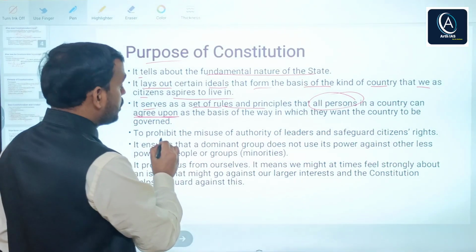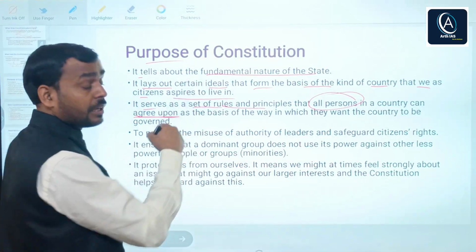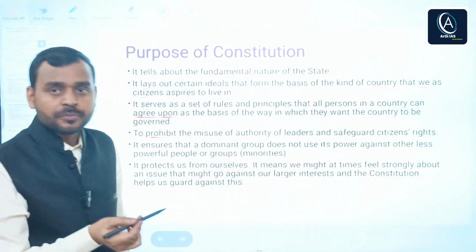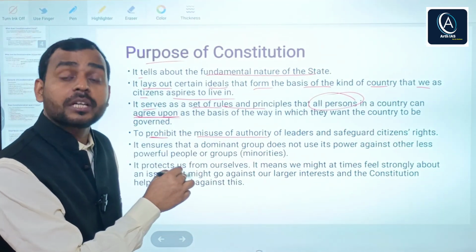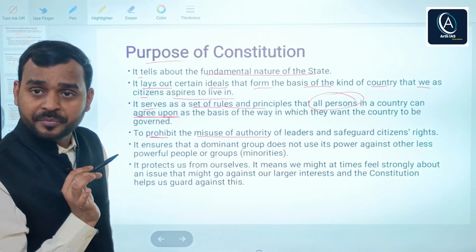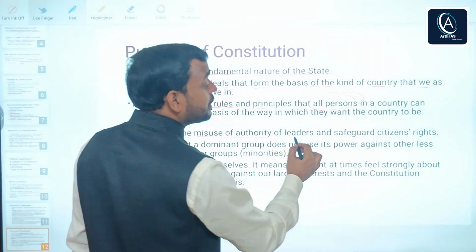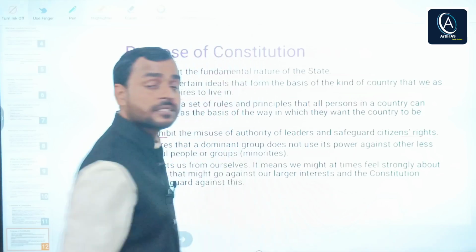Now another purpose is to prohibit the misuse of authority. I told you that it checks the arbitrary actions of the state. So it prohibits the misuse of authority of leaders and safeguards citizens' rights.